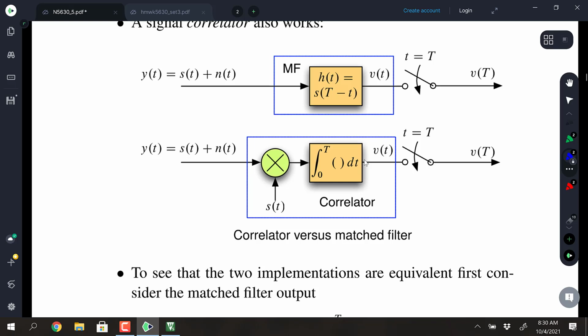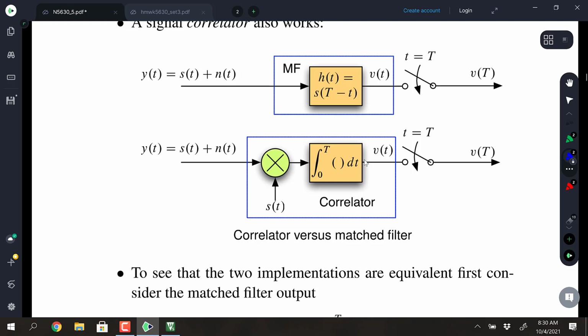In this space-time coding project I've worked on, I had templates that were very complicated, complex baseband waveforms over a certain interval, decision depth or memory depth, and those were required to be stored in a lookup table, and then they would be played against the received signal, and then the correlator output would be used.